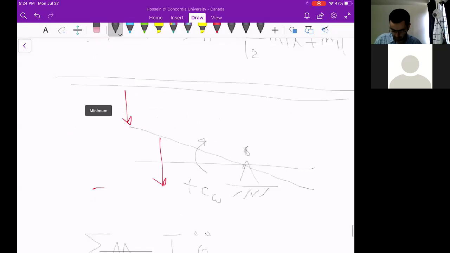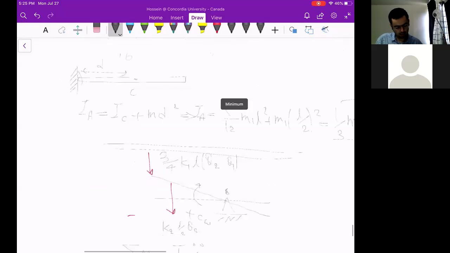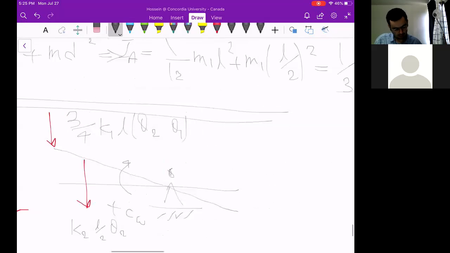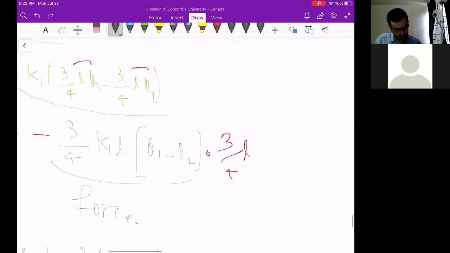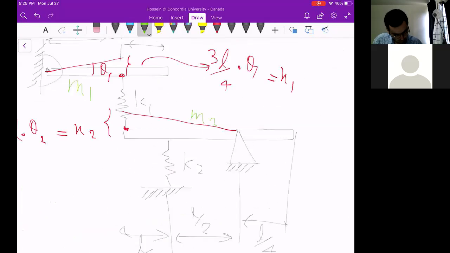Again, this force is nothing but 3/4 K1 L (theta 2 minus theta 1), and this force is K2 L over 2 theta 2, because this displacement is L over 2 times theta 2.